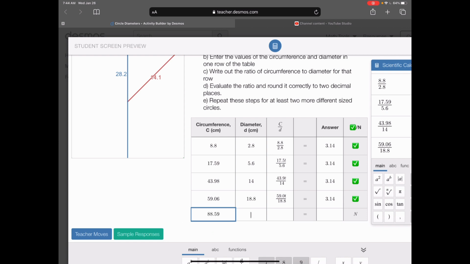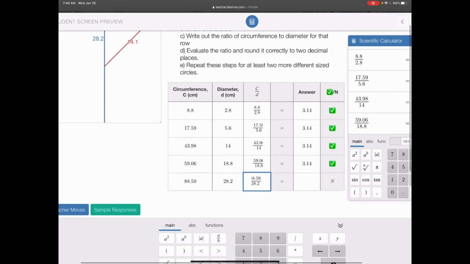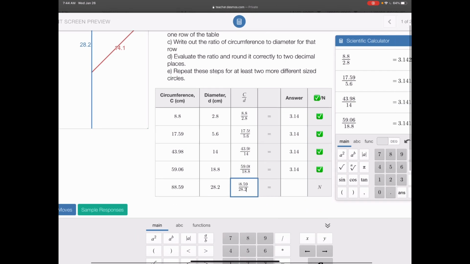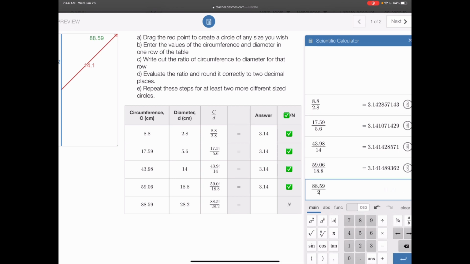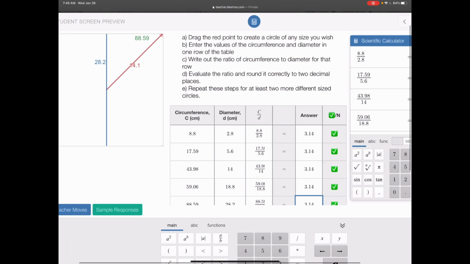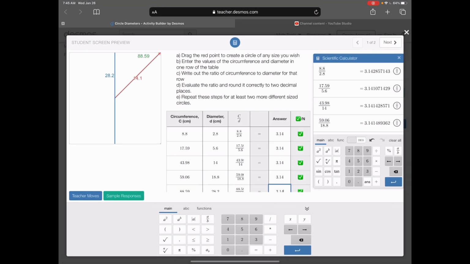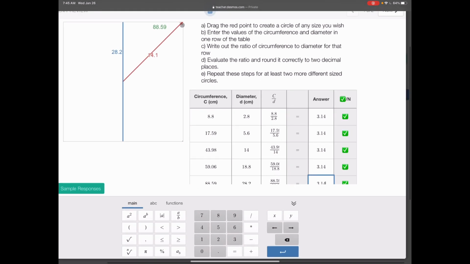The diameter is 28.2, and 88.59 divided by 28.2 again gives us 3.1414. Oh my gosh, 3.14. I hope you're seeing a pattern here of something that is really, really cool.